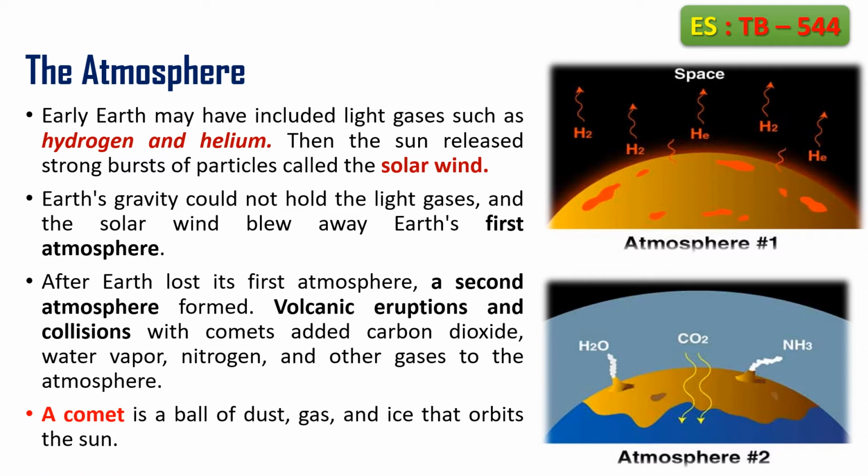You can see the ammonia, carbon dioxide and water molecules in the second atmosphere. A comet is a ball of dust, gas and ice that orbits the sun.